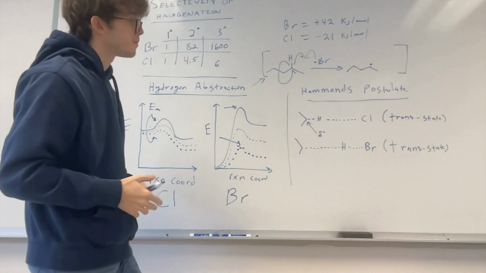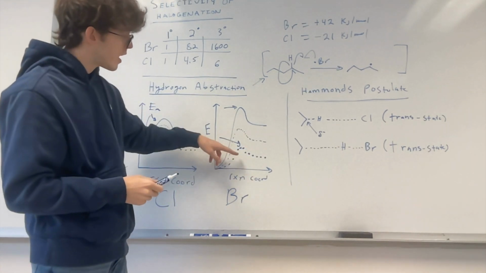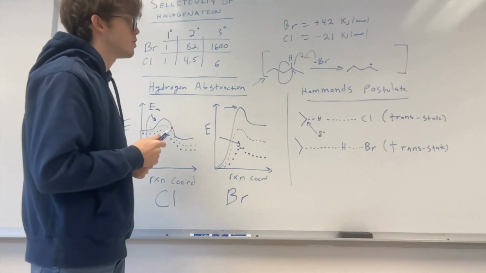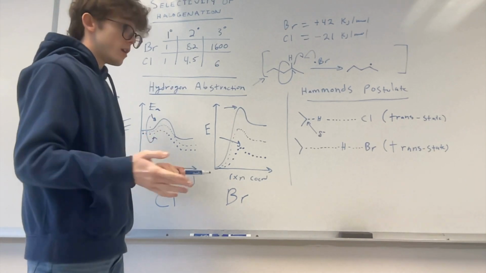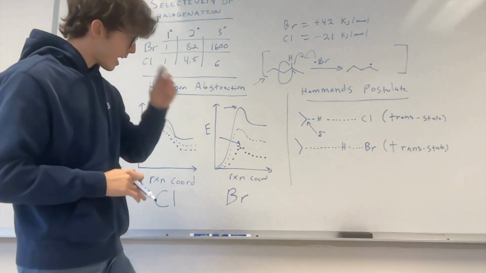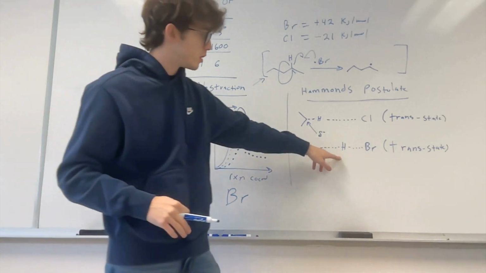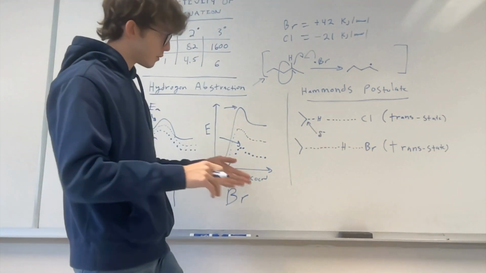It's so small. Now, let's take, for example, bromine. Notice how we are really close in energy to our product. Well, that probably tells you that it's resembling a lot like the product does. That means that this carbon-hydrogen bond is almost broken, and the hydrogen-bromine bond is just forming.